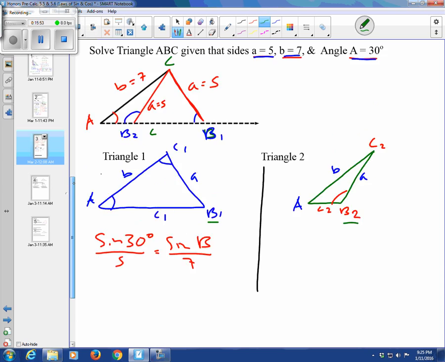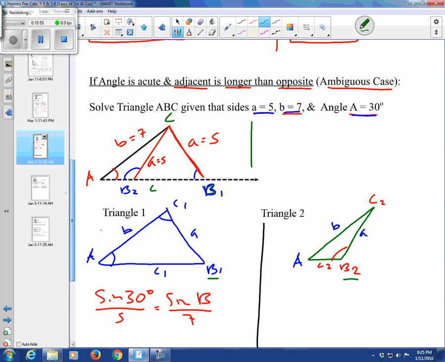Well, if we remember how inverse sine evaluates ratios and gives angles, inverse sine is going to give an angle measure on the right side of the unit circle. That means that for positive angle measures, it's going to give out angles between 0 degrees and 90 degrees, in that first quadrant, which means that the angle B that we're going to get from our calculator is going to be that angle B1.